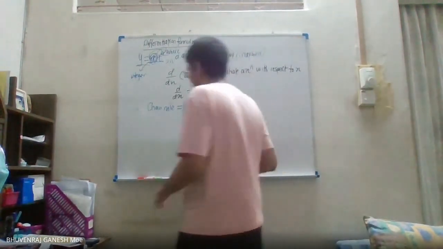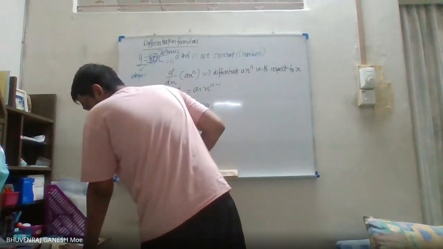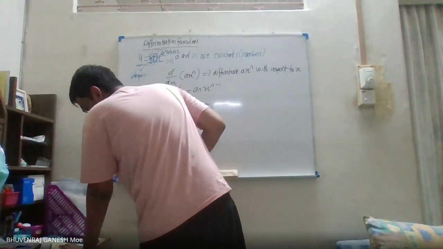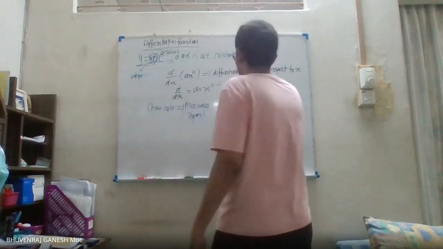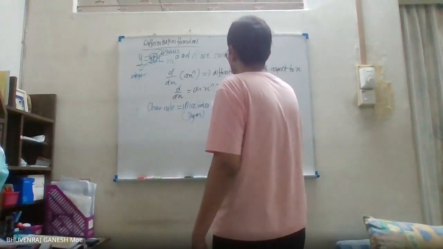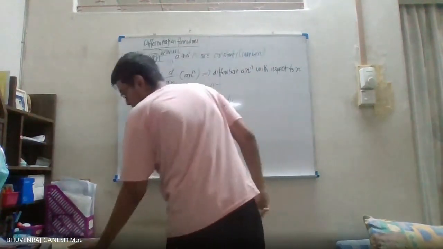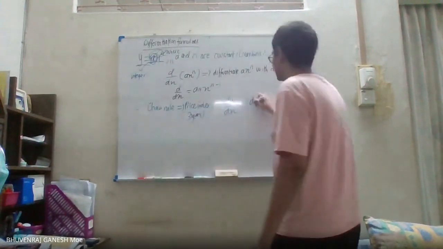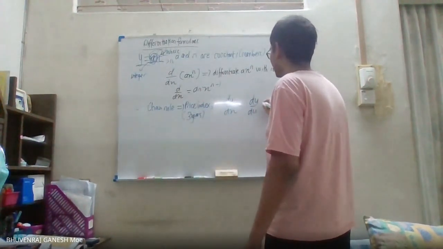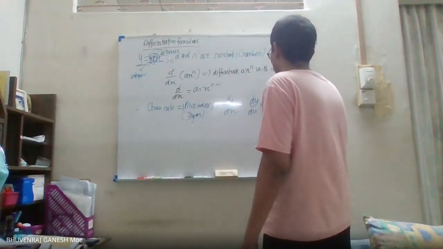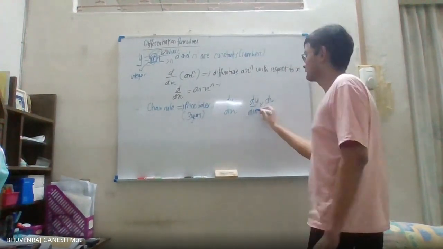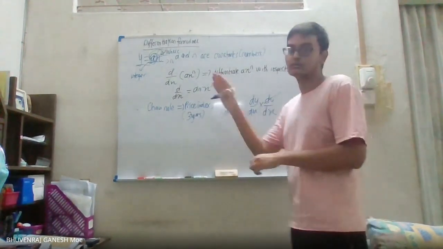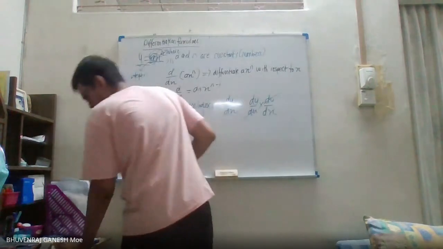So let's go straight to the formula. dy over dx is equal to dy over du times du over dx. So why they say this is because we can cut the du here and the du here because they are opposite sides of the fraction.